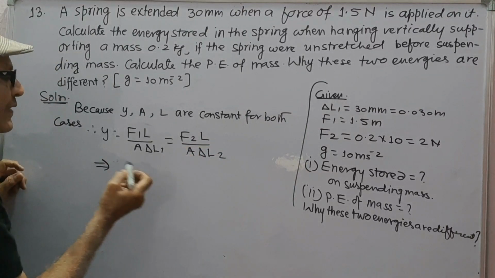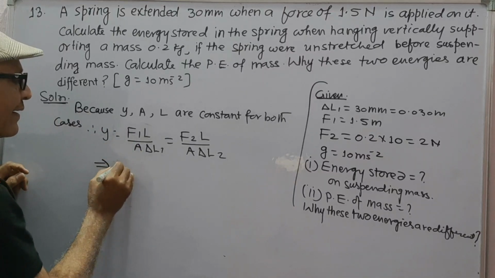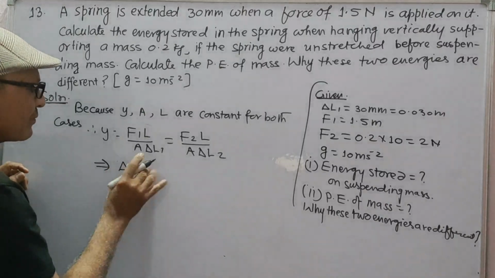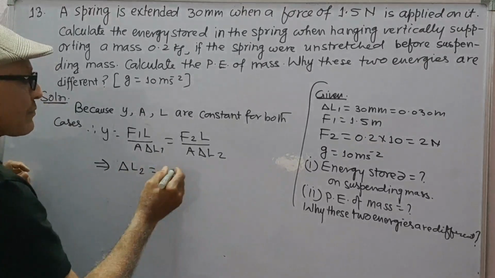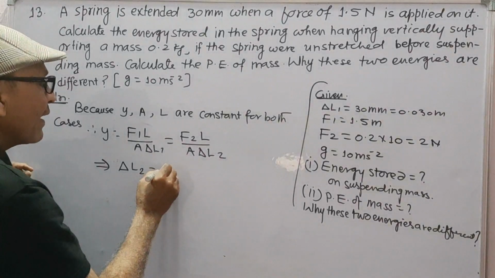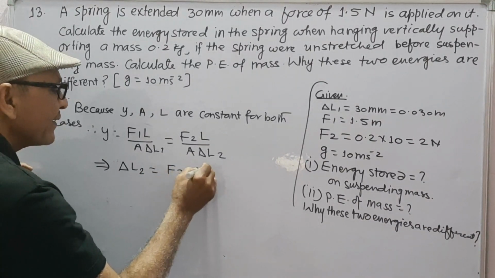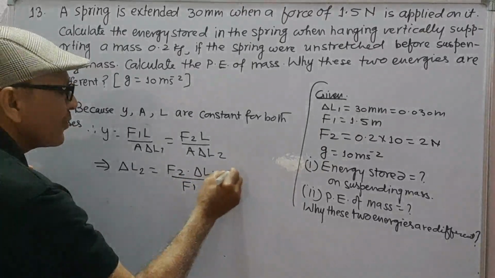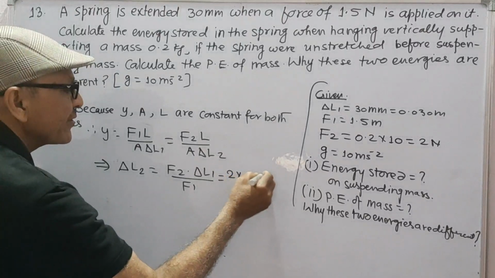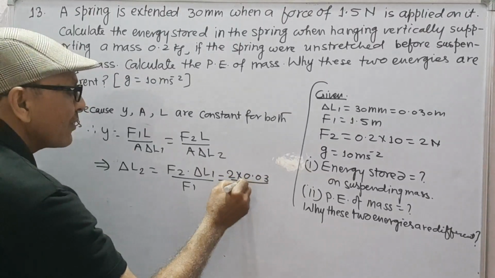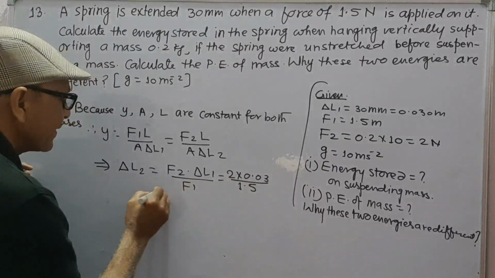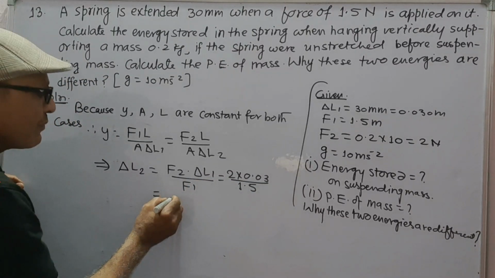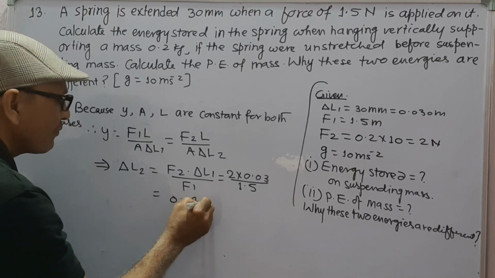This gives delta L2 as F2 delta L1 upon F1. Values are known. 2 into 0.03 upon 1.5. That is delta L2 will be equal to 0.04 meter.